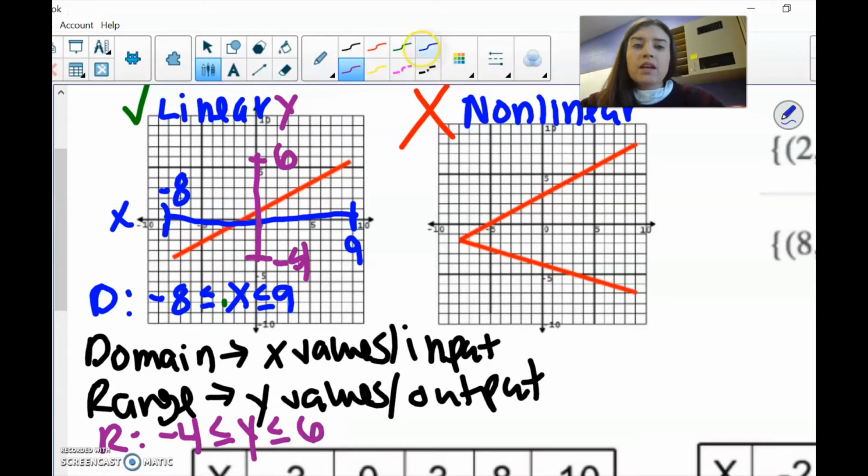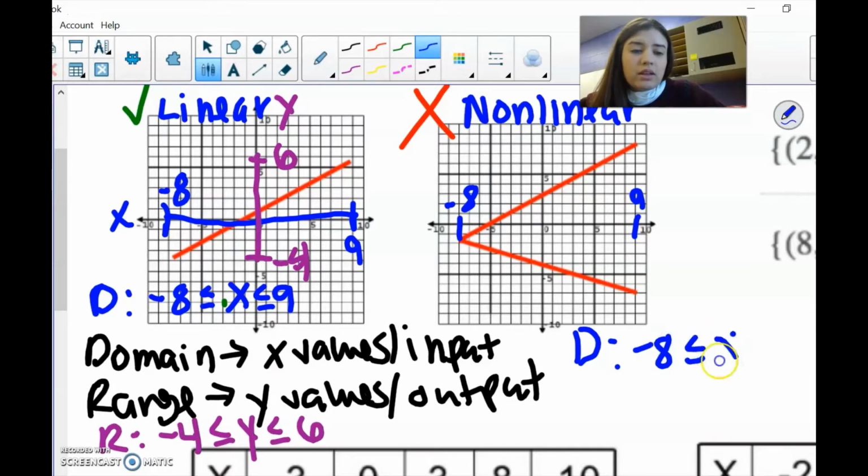Okay, now if we're going to do this for our graph on the right, I'm going to write our domain. I look at our x-axis. What is this? This is -8, and the farthest right is right here at 9 again. So our domain is -8 is less than or equal to x, which is less than or equal to 9.